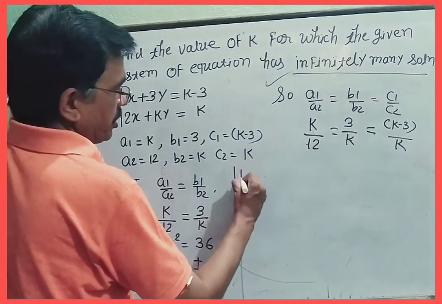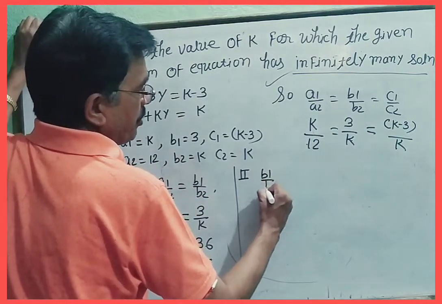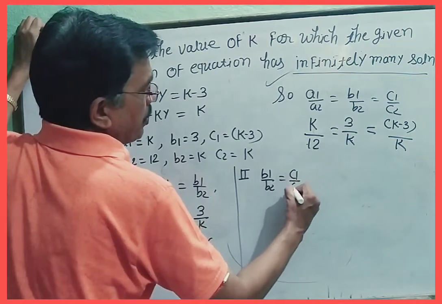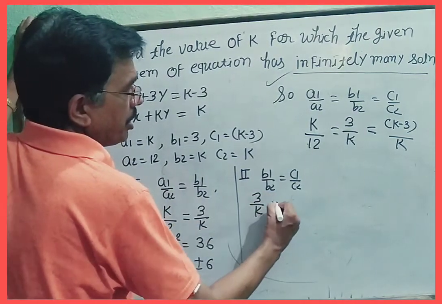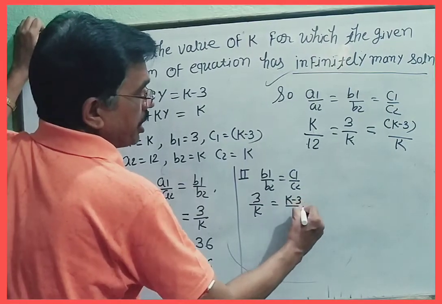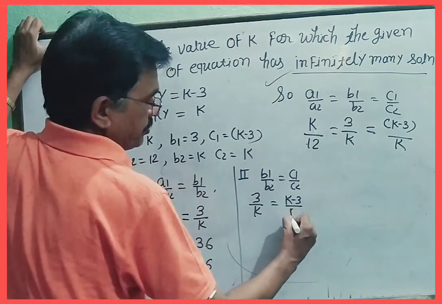Next condition, the second case: b1 by b2 is equal to c1 by c2. So the condition is 3 by k is equal to k minus 3 by k.